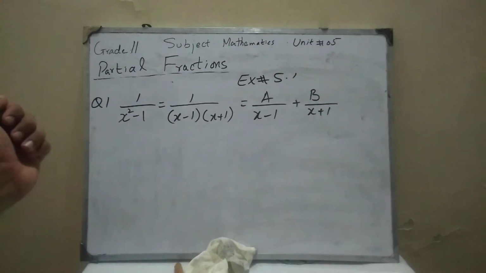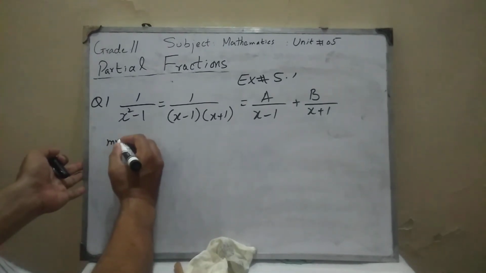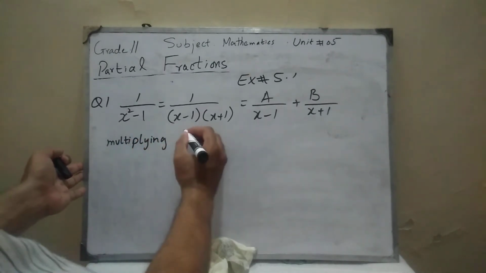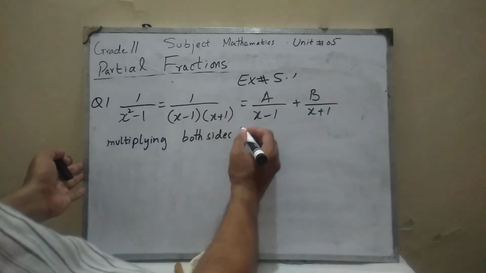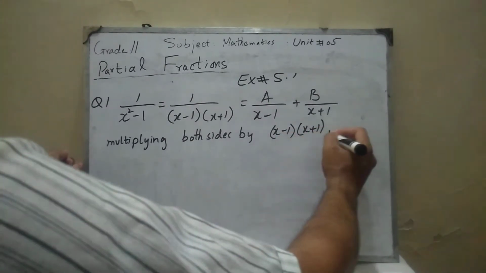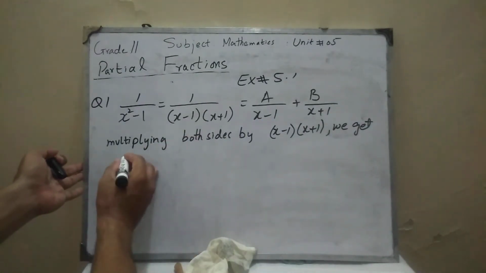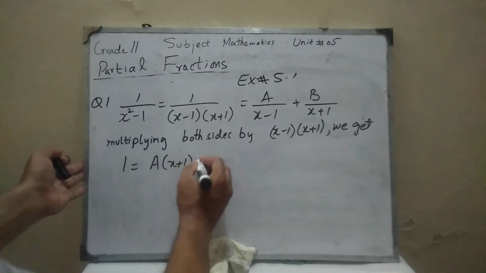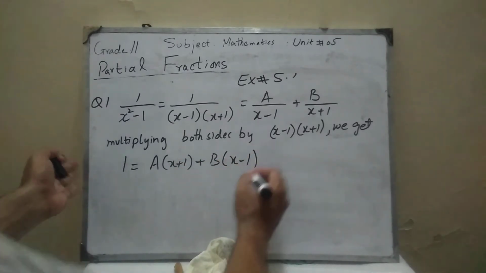Now multiplying both sides by (x minus 1) into (x plus 1), we get 1 equal to a into (x plus 1) plus b into (x minus 1).